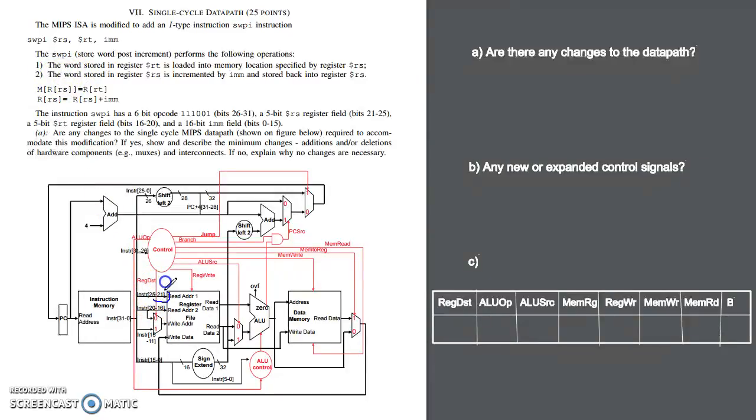So we start here with RS, and we go through our ALU, and that needs to be our address that we're using. And I'm going to go ahead and extend our mux here, add a new value, and set it equal to 0.